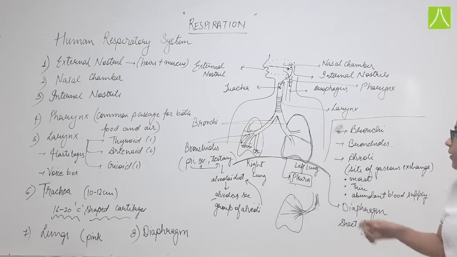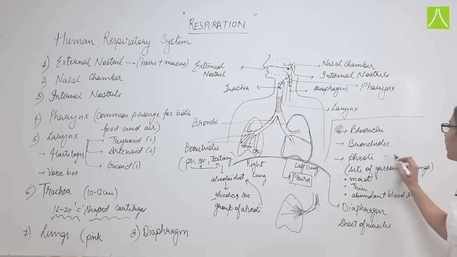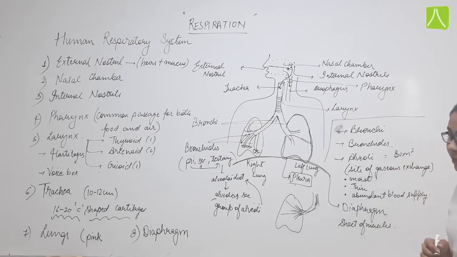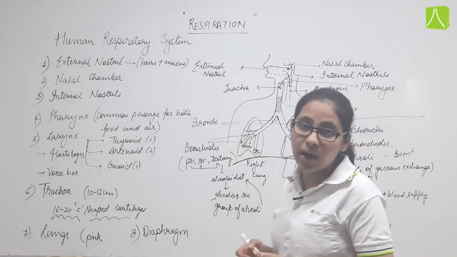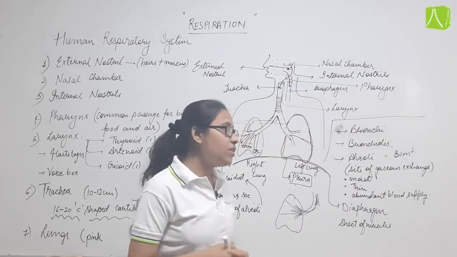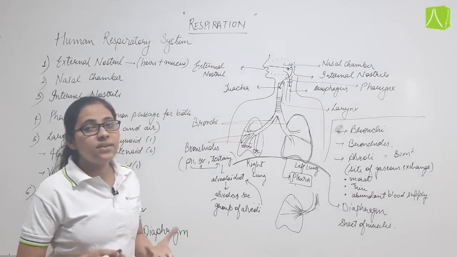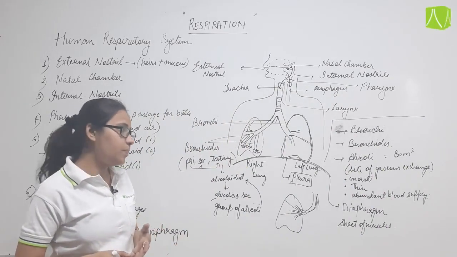There is a point about alveoli which you have to remember: alveoli cover 80 meter square area. Single alveoli cover 80 meter square surface area, which provides a large surface area for gaseous exchange.